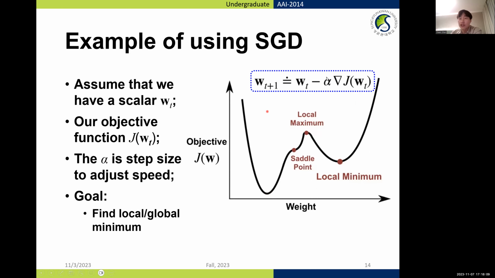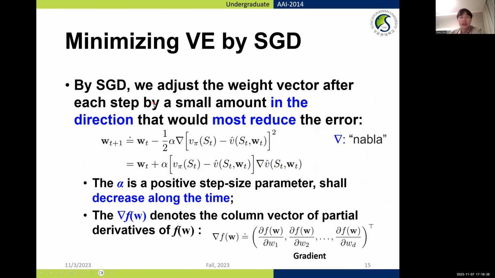Alpha is a step size to adjust the speed, and this is one hyperparameter to adjust. Based on this update equation, we can define this update process in the RL environment.